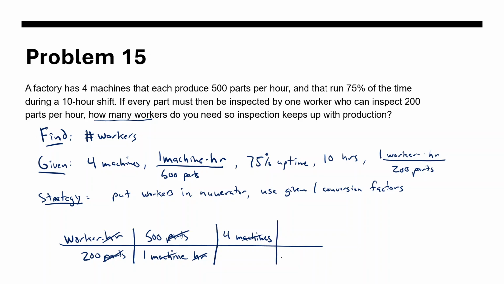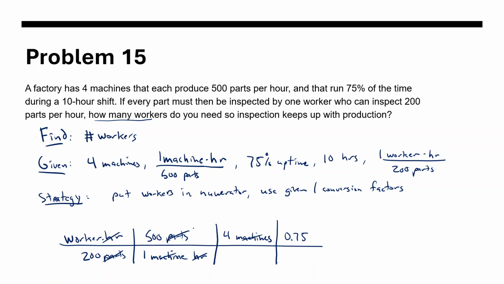So we also just need to include that 0.75 at the top. It's a given and there's no units, right? So we just need to change it from percent to decimal, right? So 0.75. You say, what about this 10 hours? Well, hours is already crossed off, right? Because the workers and the machines are working the same amount of time. So we don't need to multiply anything by 10 hours. That's extra information that we don't need to put in here because hours is already crossed off.